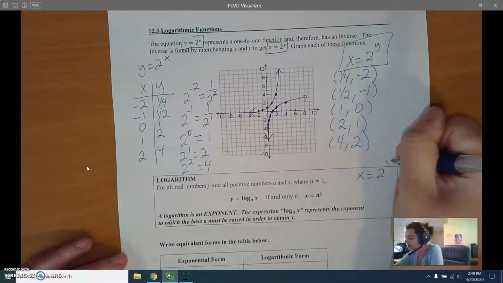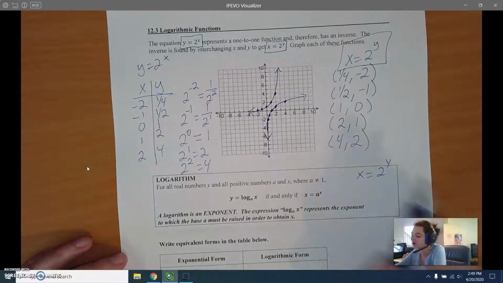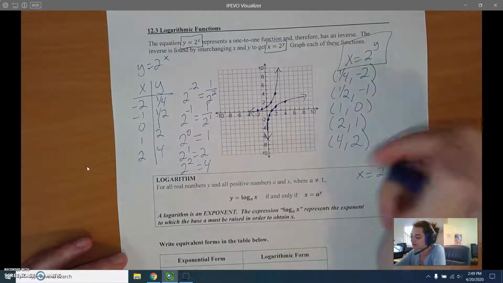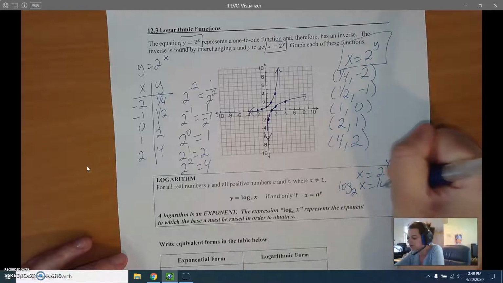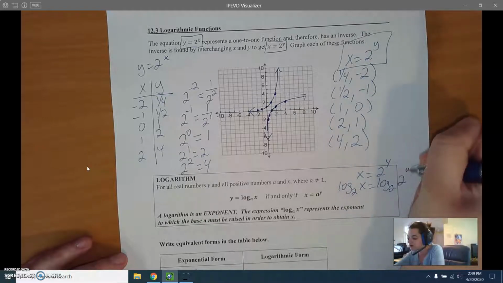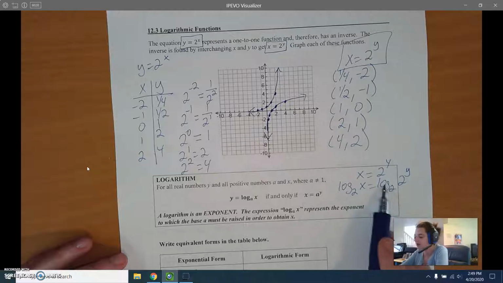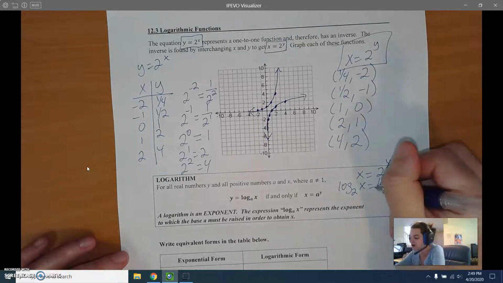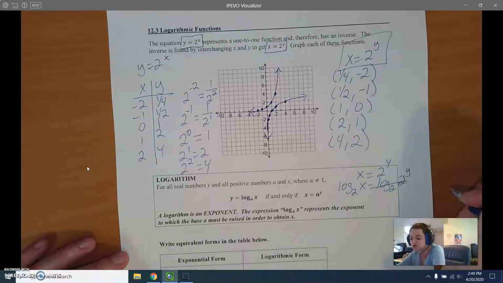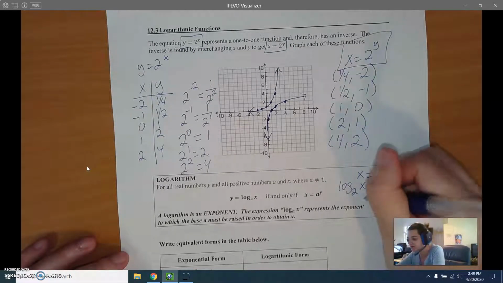Let me show you what that looks like. We start out with x equals 2 to the y. And to get rid of that 2 as a base, what you would do is take the log base 2 of both sides. The log base 2 and the base of 2 from an exponential are opposite operations. They undo each other, and you're left with y.